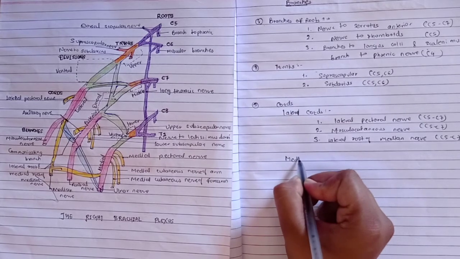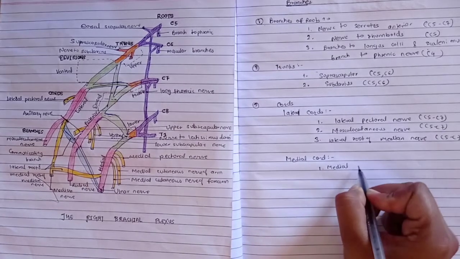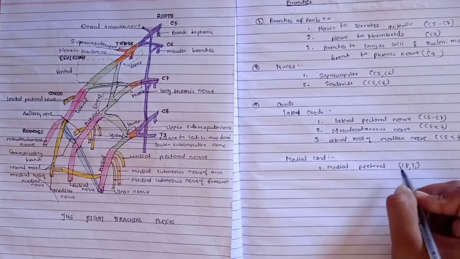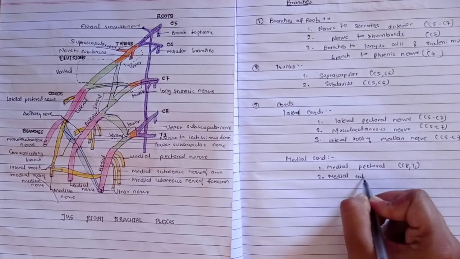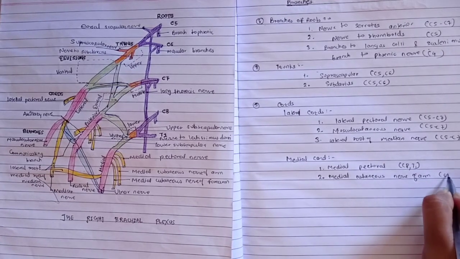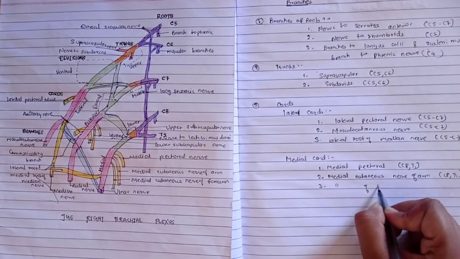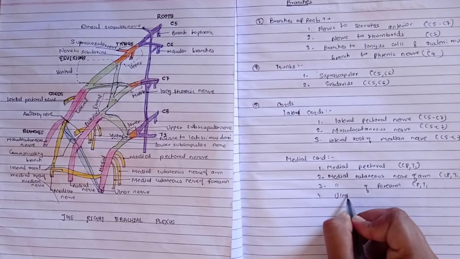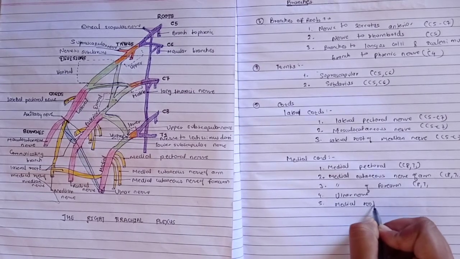Then the medial cord: first is medial pectoral, second is medial cutaneous nerve of arm, third is medial cutaneous nerve of forearm, fourth is ulnar nerve, and fifth is medial root of median nerve.